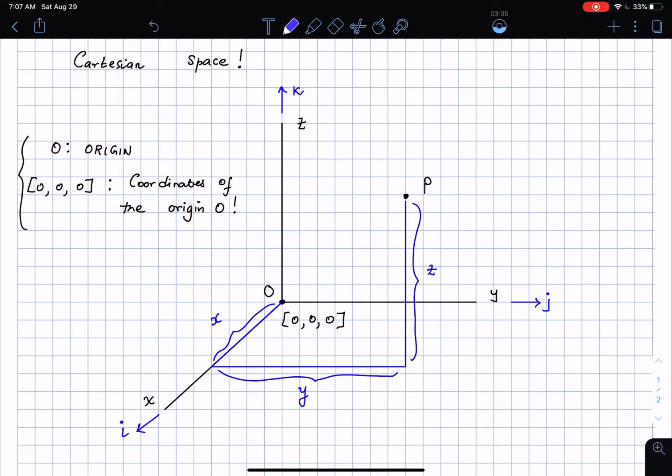I'm going to write the coordinates of point P as x, y, and z, and write this statement down.